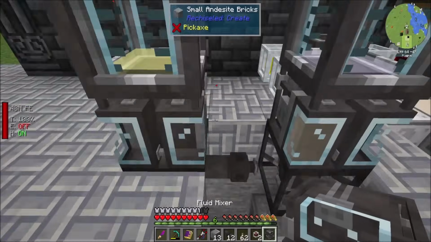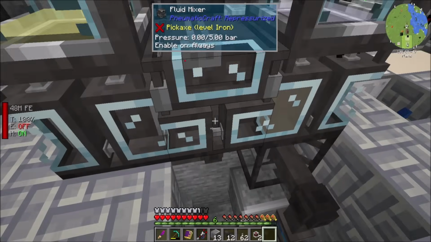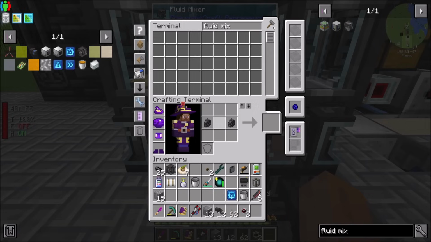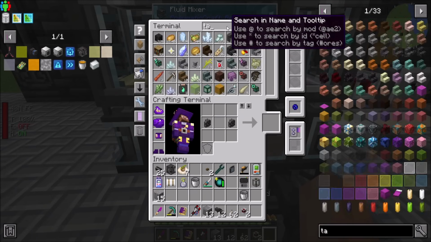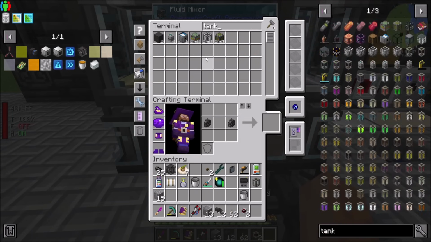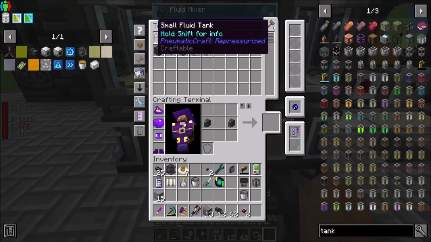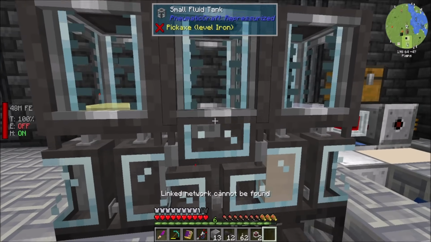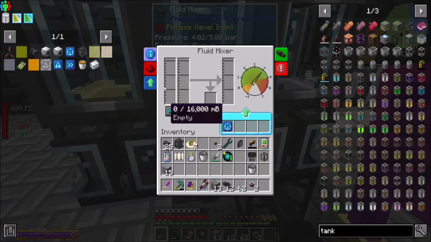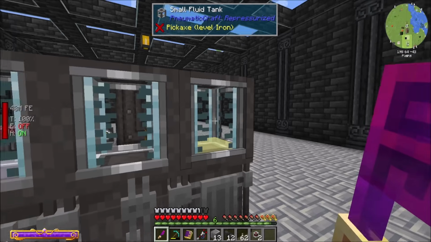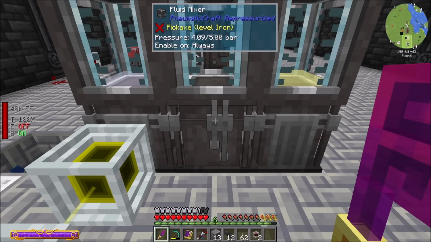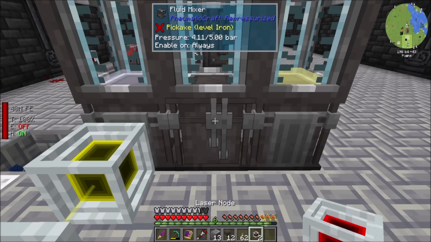Perfect. So that's going to sit there. And you're going to get the auto output, and you're going to have a tank. Perfect. And now all we need to do is just combine these 2 fluids into here, which I'll probably just do with laser IO, right? Yeah, it should be fine.